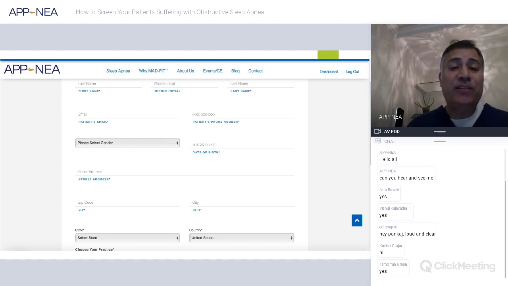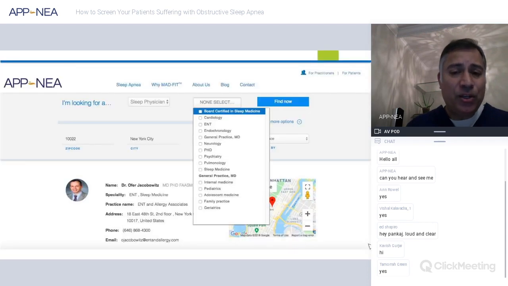Patients can also find you through the online search, and if they happen to stumble upon apnea because they're doing searches on alternative to CPAP or a whole bunch of other keywords, they can actually look for you or sleep physicians and find you and request appointments with you.